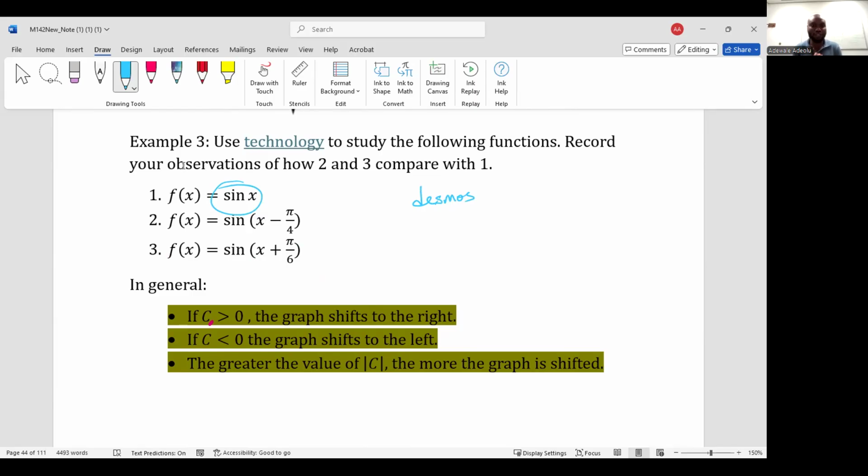When you do that, you will realize that it shifts by pi over 4 to the right. And when you do pi over 6, you will see that it shifts to, let me see if I can show you here. Let me quickly show you what I mean.